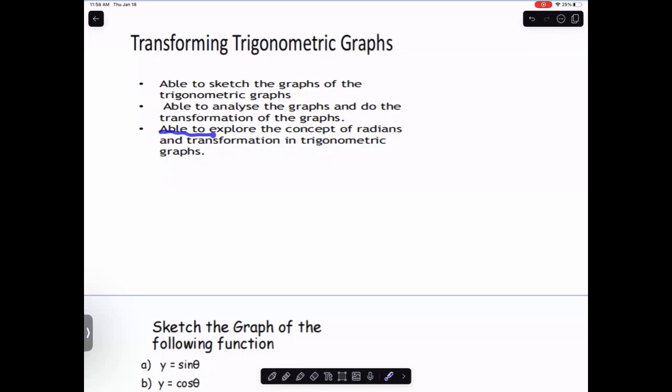Lastly, you should be able to explore the concept of radians and transformation in trigonometric graphs. So this is the major focus for this class today.